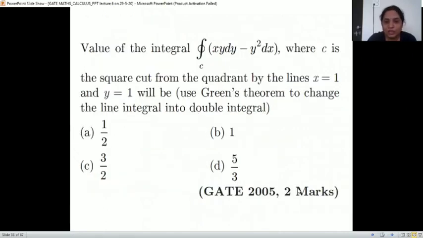Next, the value of the integral, where C is the square cut from the quadrant by the lines x is 1 and y is 1, will be.